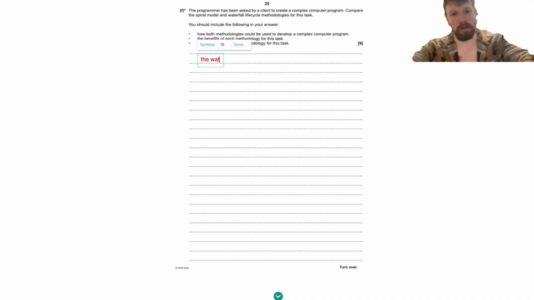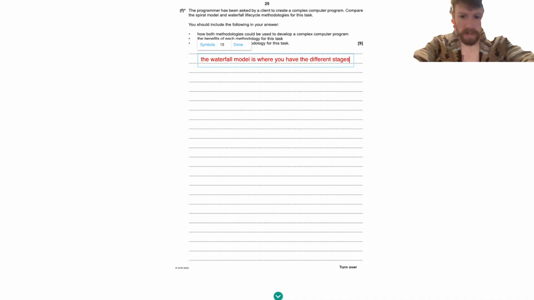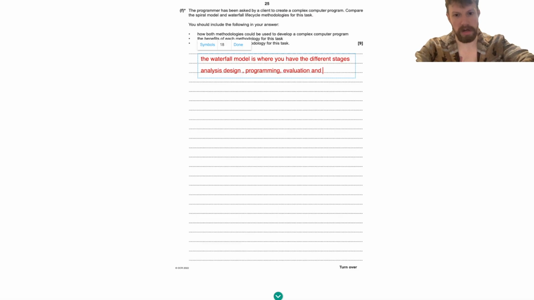So the waterfall model is where you have the different stages, and if you can remember all of them, that's obviously going to be great. So think about your NEA: analysis, design, programming, evaluation, and testing.